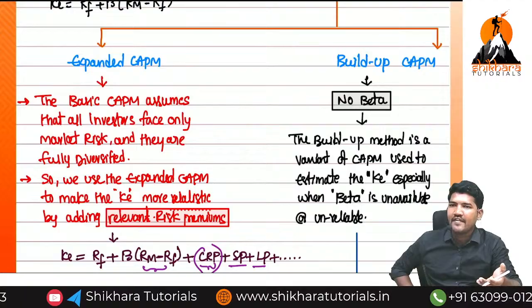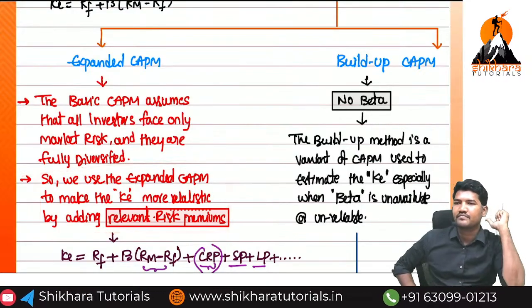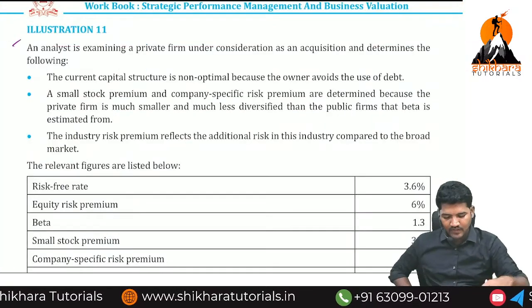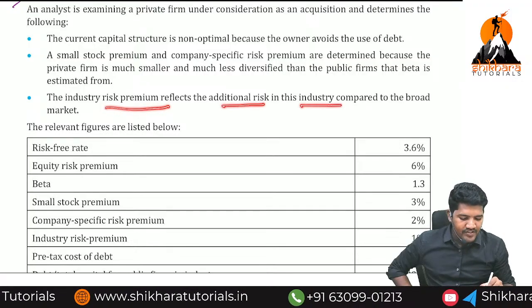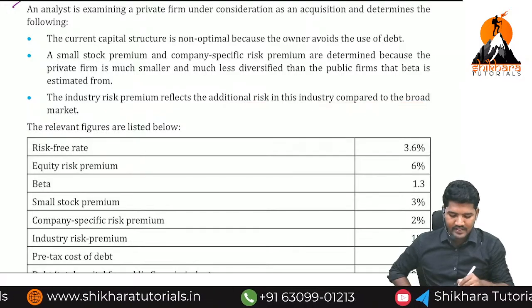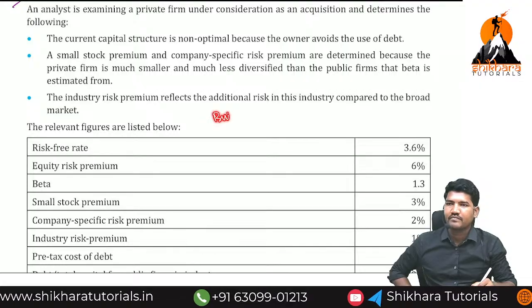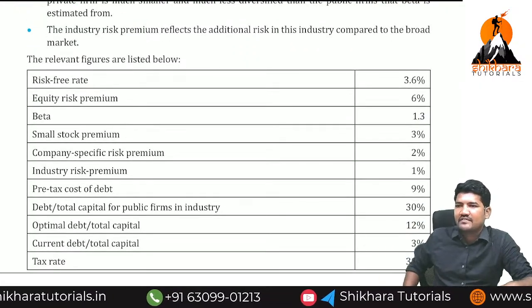If you are not fully diversified, see the second point. Guys, clear? Done. The industry risk premium reflects the additional risk of the industry compared to the broad market. This industry risk premium we use in the build-up model. Now, I think we can easily answer.